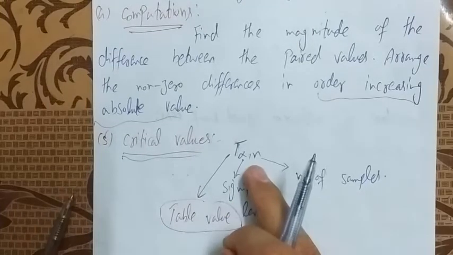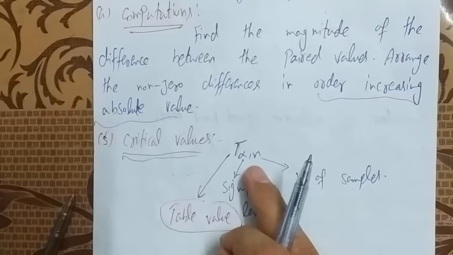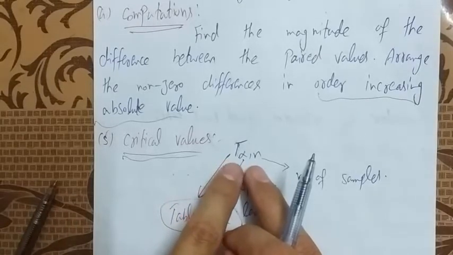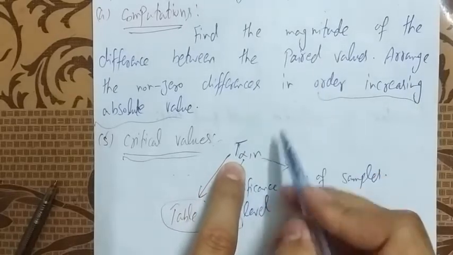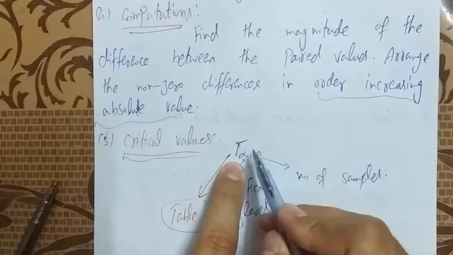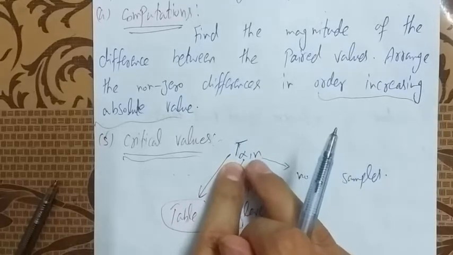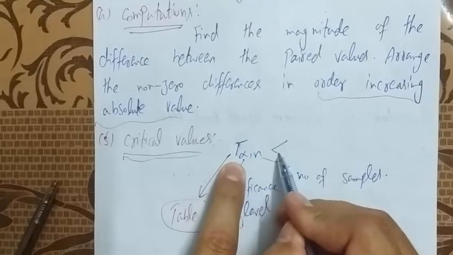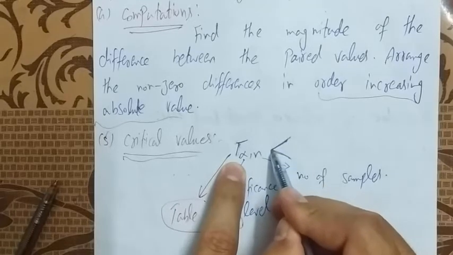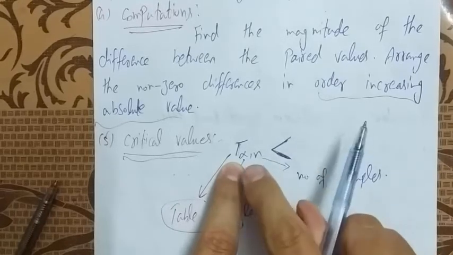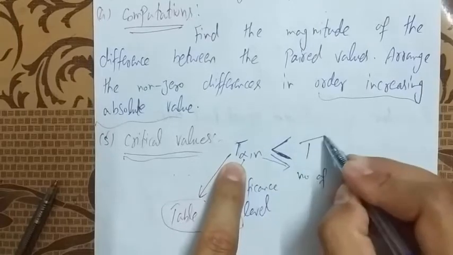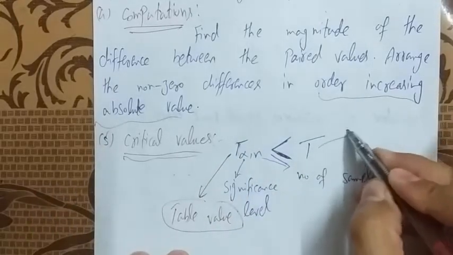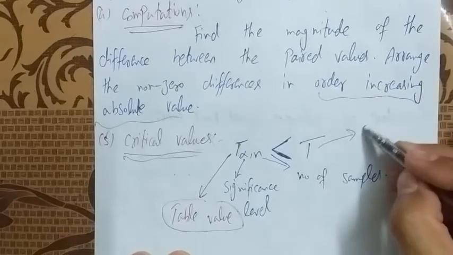If this table value is less than its computed value, this is the computed value.